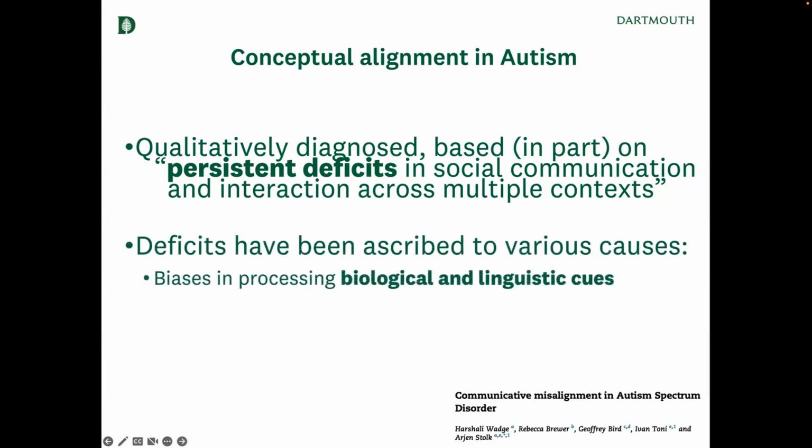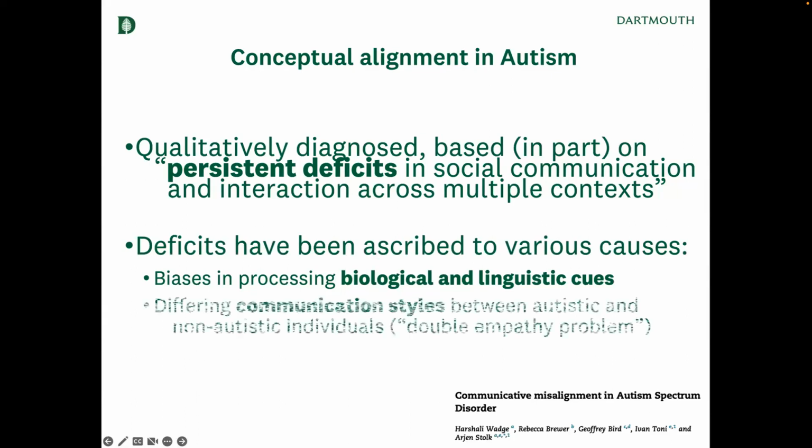This is, of course, a little bit unspecific. And so in an attempt to explain these deficits, people have ascribed them to various underlying causes, including biases in processing biological and linguistic cues. Others have suggested that the difficulties only pertain to interactions between neurotypical and autistic individuals, but not between autistic individuals themselves, because of a different communication style. By the way, these two would predict that autistic individuals do equally well as neurotypicals in our task.